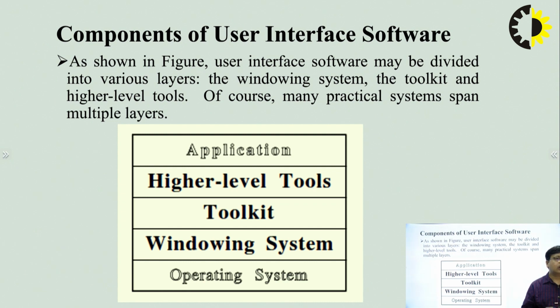So what are the components of user interface software? As shown in the figure, the interface software may be divided into various layers. If we study in terms of layers of the software components, it will be easier to understand and easier to work with these components. The first component of interface design is the windowing system, then the toolkit, then higher-level tools, and these components work between the operating system and the application.